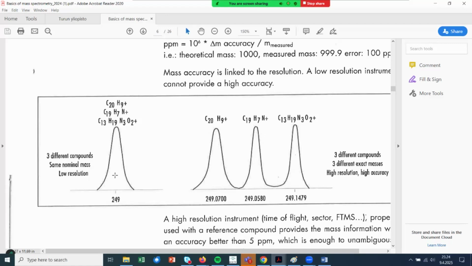Low resolution instruments cannot tell the differences where they are only in these decimal places. They are all more or less 249, but they're different. So if we have complicated mixtures of components that have almost the same masses or weights, then we may better choose high resolution instruments.